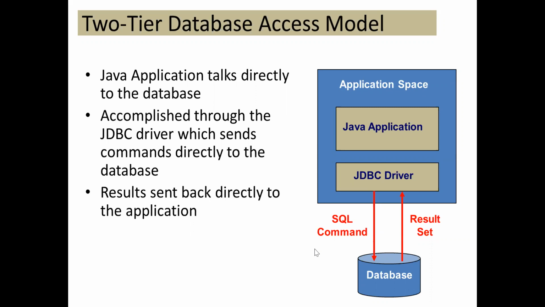But when connecting the Java application directly to the database, in the middle it contains a JDBC driver. When the JDBC driver is loaded, we can send the information by using SQL commands directly to the database, and then the result set comes back directly to the application. So this we can call a two-tier database access model.